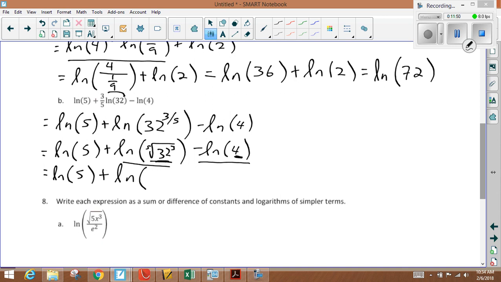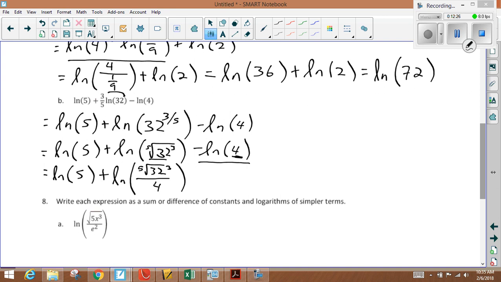So I'm going to have natural log of the 5th root of 32 cubed over 4. I said this is my numerator and this one is my denominator.